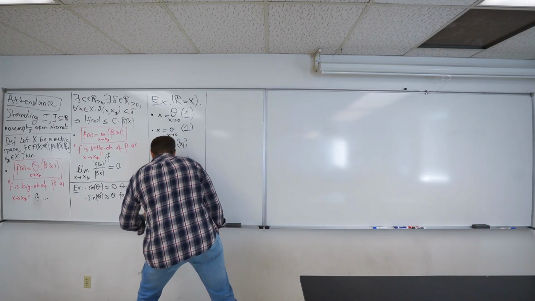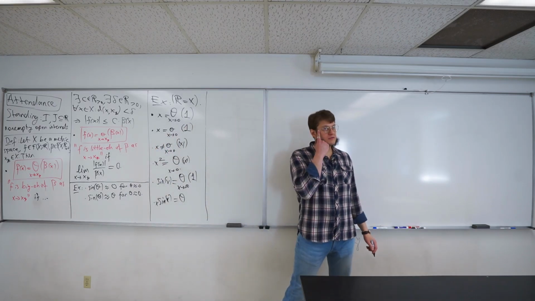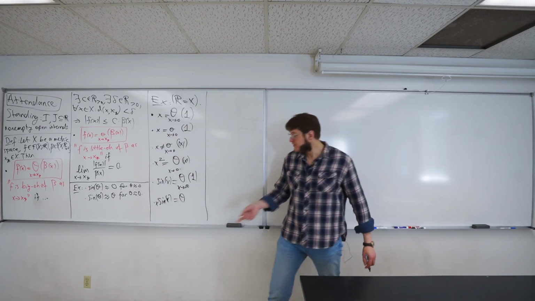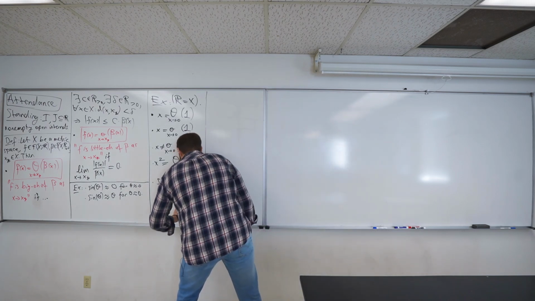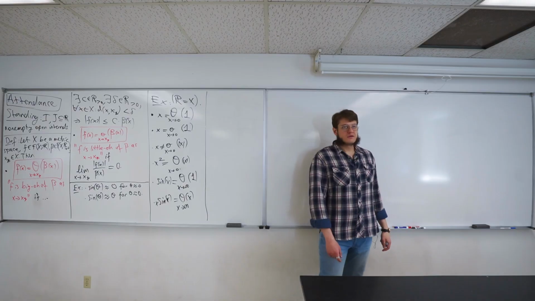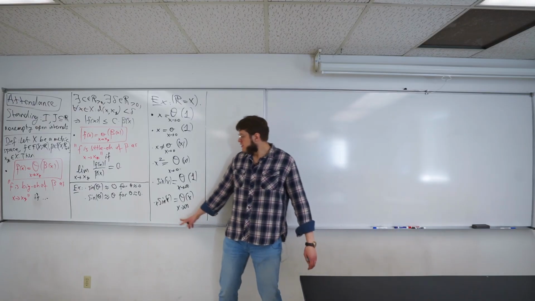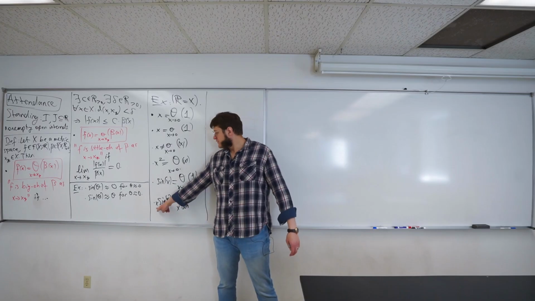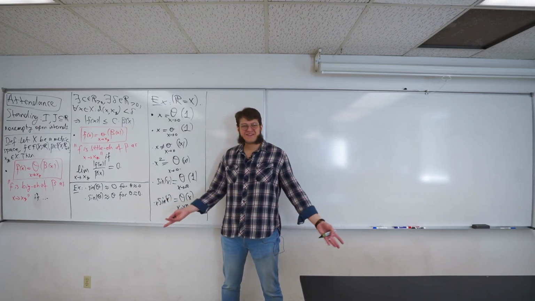Sine of x times x, you see this is not big O of 1 because it's not a bounded function. But it is big O of x as x goes to infinity. Okay? You see, that says that for purposes of asymptotics, as x goes to infinity, you can pretend that x times sine of x is x.